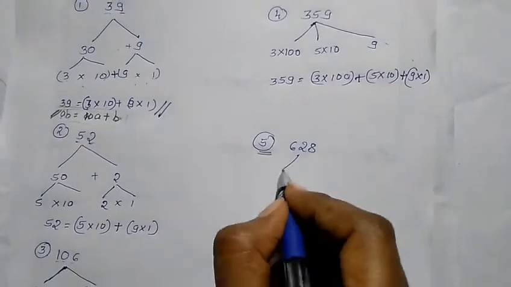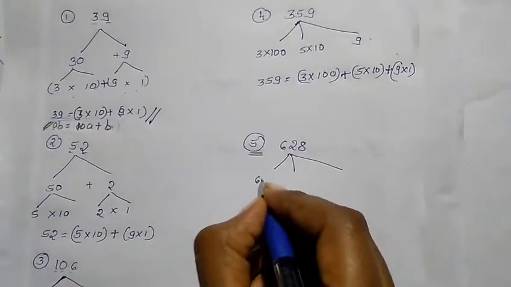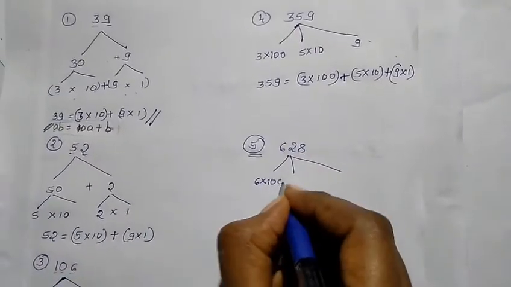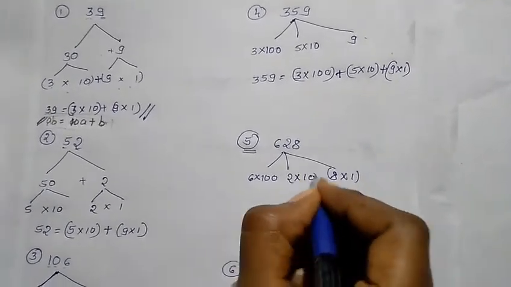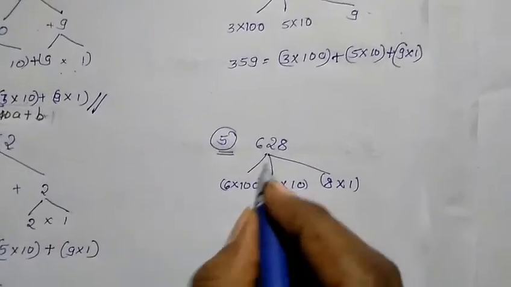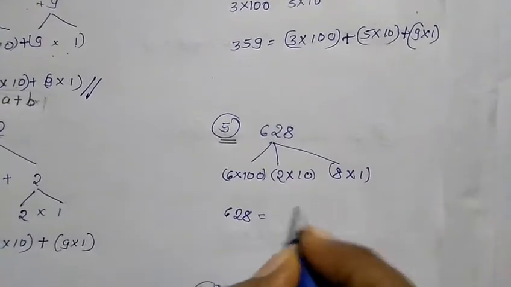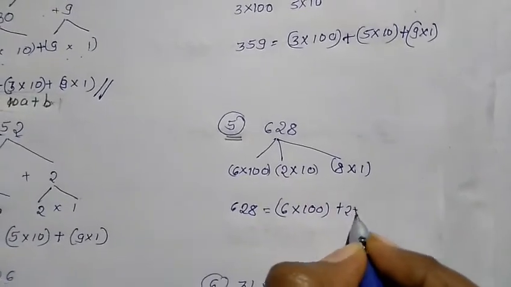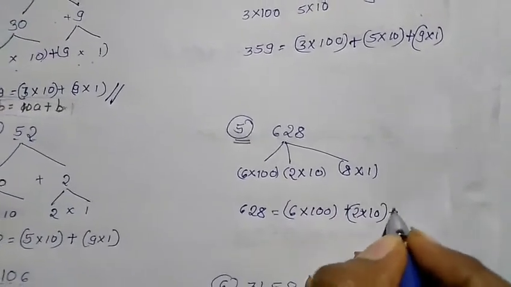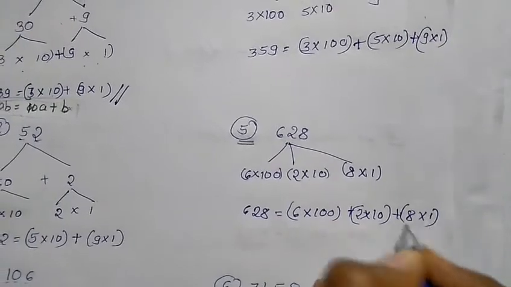So next, try to solve this one. 6 into 100 plus 2 into 10, 8 into 1. So these are all together a sum. Okay, 628 is equal to 6 into 100 plus 2 into 10 plus 8 into 1.